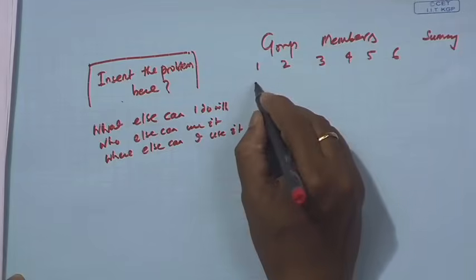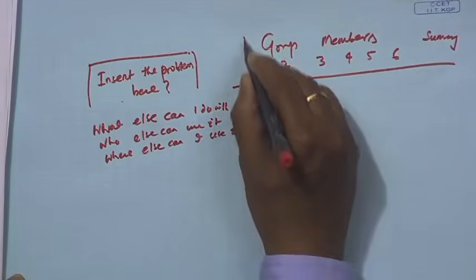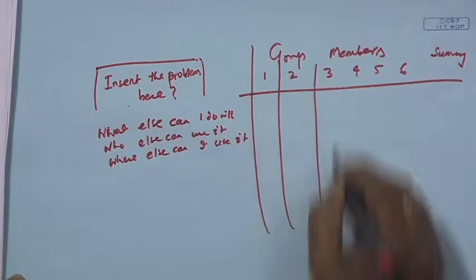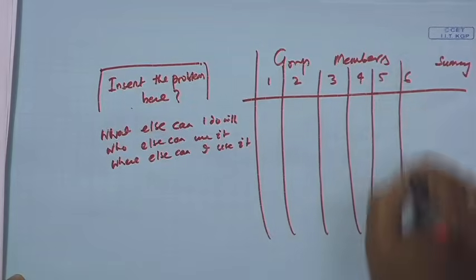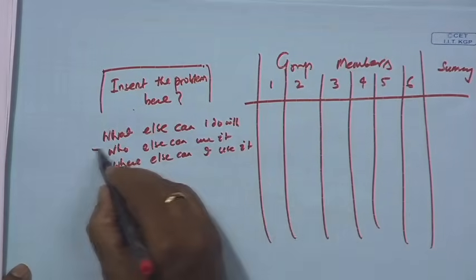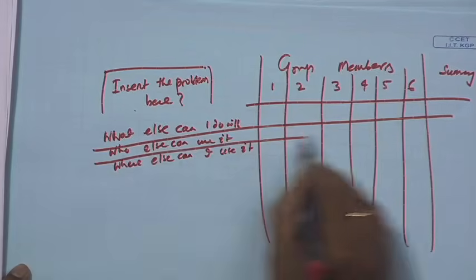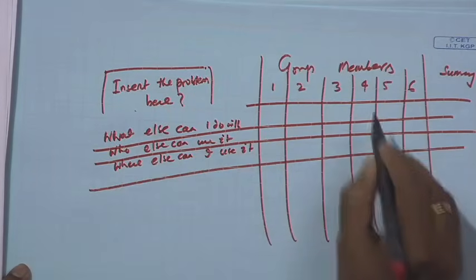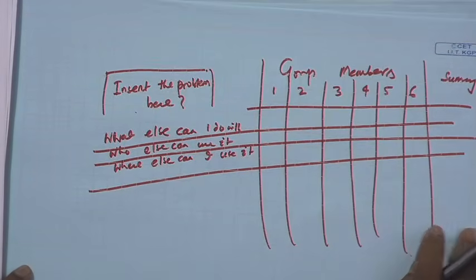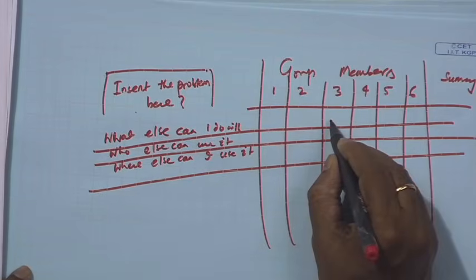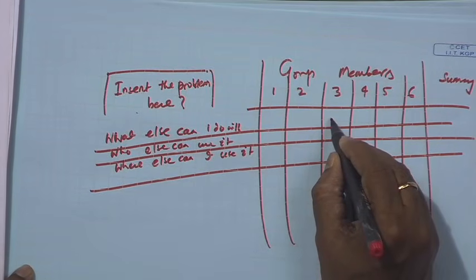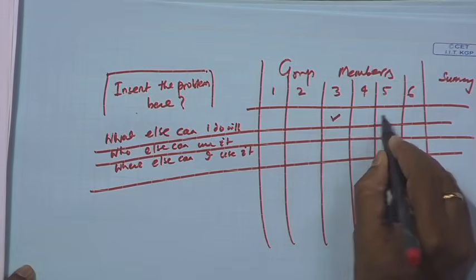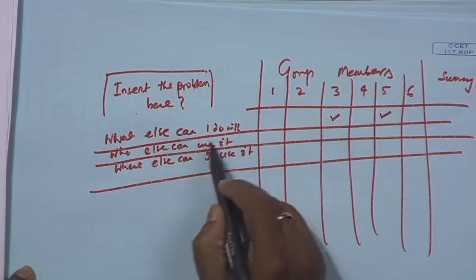Like that, group members are there as columns, and when you ask a question, all questions may not be answered by all persons in the group. What you will find is that the first person may answer, the third may answer what else I can do with it, or group member 5 may answer what else can I do with it.